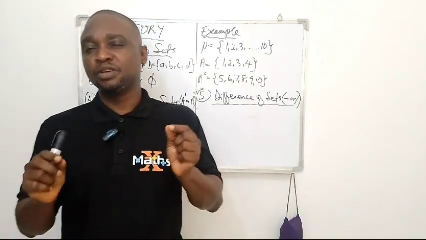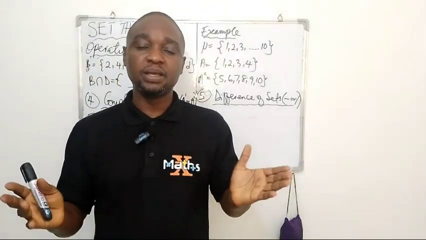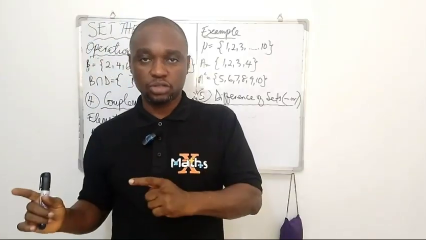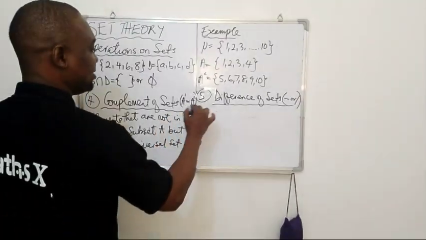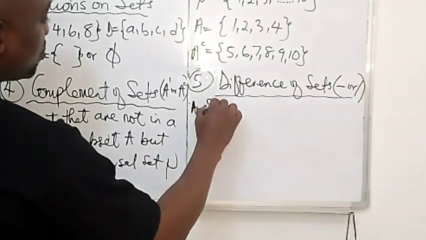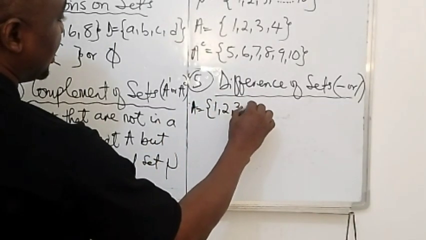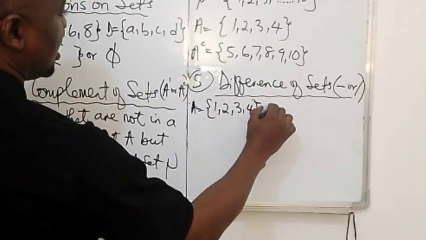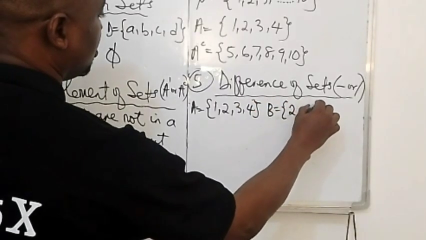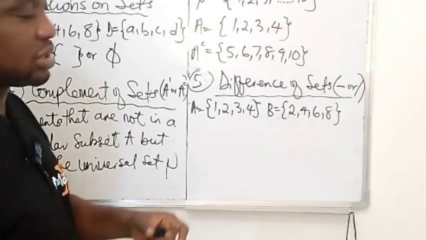So difference of two sets, A and B, are elements that are in set A, but they are not in set B. If I have set A, what I used earlier was 1, 2, 3, and 4. And then I have my set B, which is 2, 4, 6, and 8.